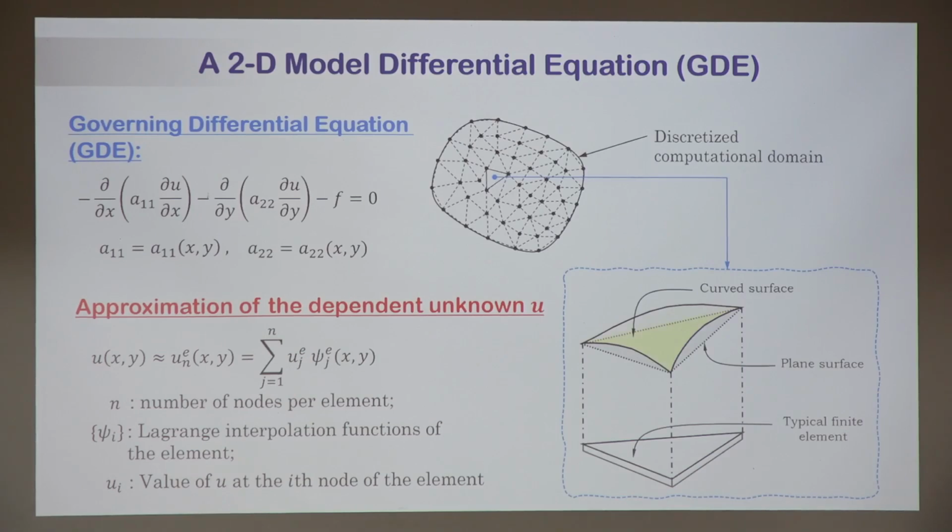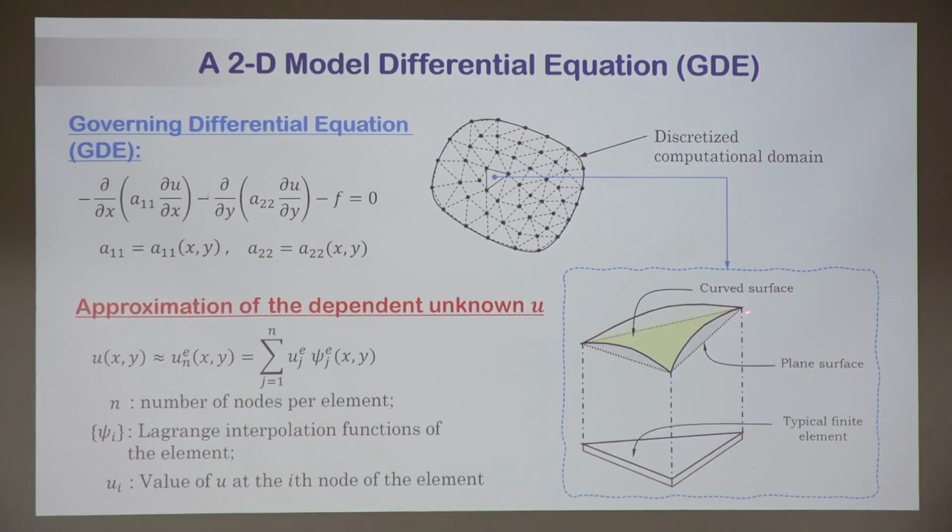And I'm just showing here that mesh and a typical element, if you think of it in terms of a structure, the element is there with some thickness because this is 2D, and the solution on that element is the surface. That is the actual solution that we are seeking.